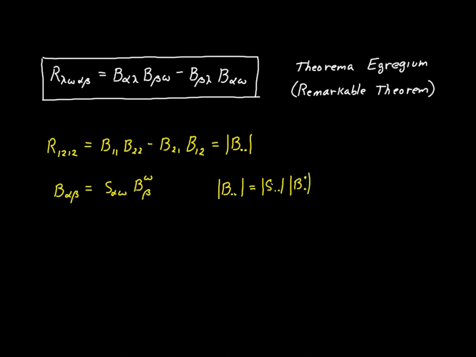Well, our determinant of S with indexes in the lower position is nothing but the square of our volume element. So this is S times the determinant of B with indexes in the upper and lower position. So we can equate this then with this expression being S times the determinant of B in this form.